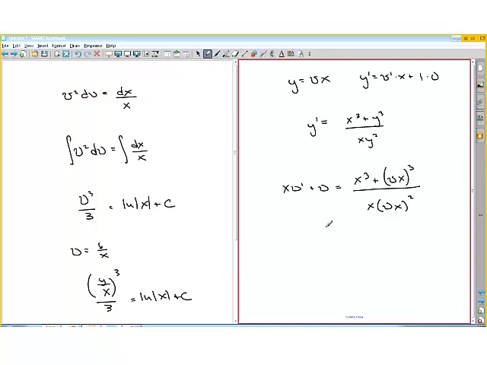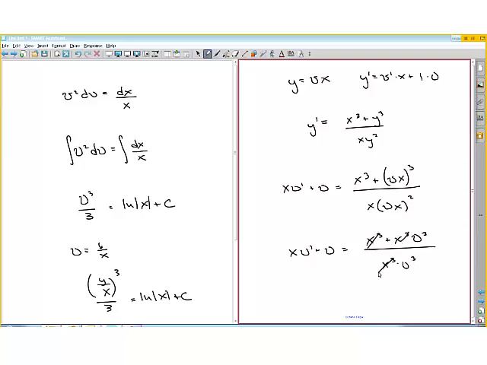Okay, so what can we do? Well, I think we can simplify the right-hand side, but let's go ahead and write it all out. So we get x cubed plus x cubed times mu cubed. Just cube each one of those separately and multiply them. And then here we'll have x times x squared, which will be x cubed, and then we get mu squared right there.